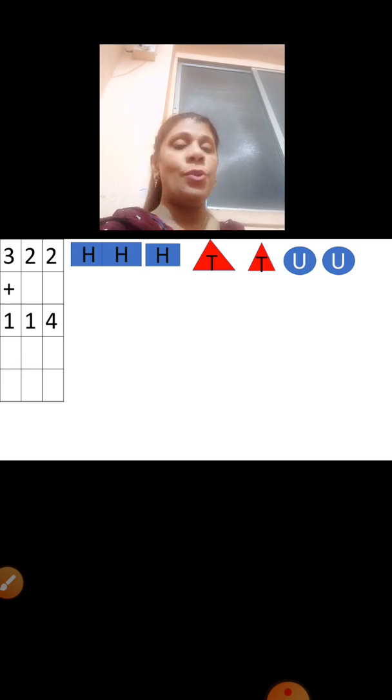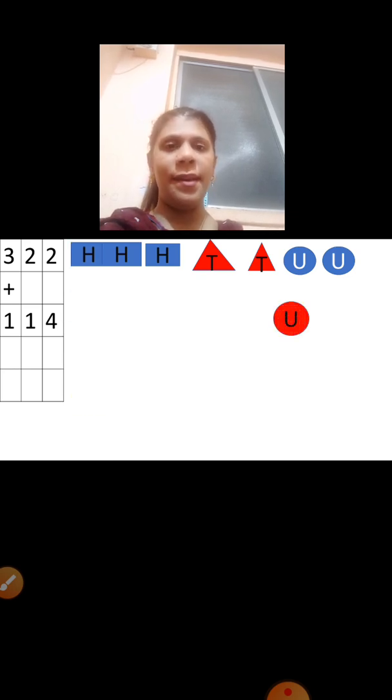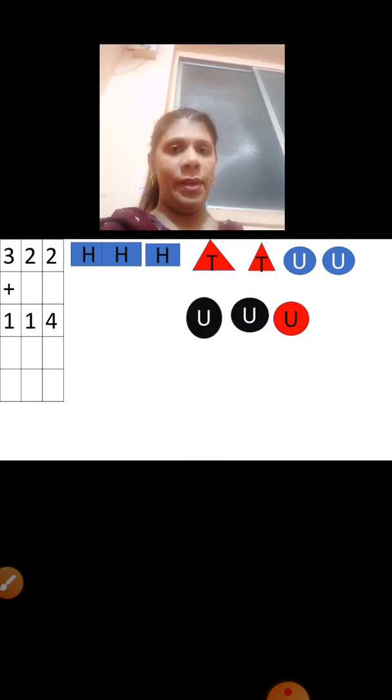Okay, now 114. So which number is in units place? Number 4. So how many units we are going to draw? 1, 2, 3, and here comes 4. Okay, and how many tens? 1, correct.